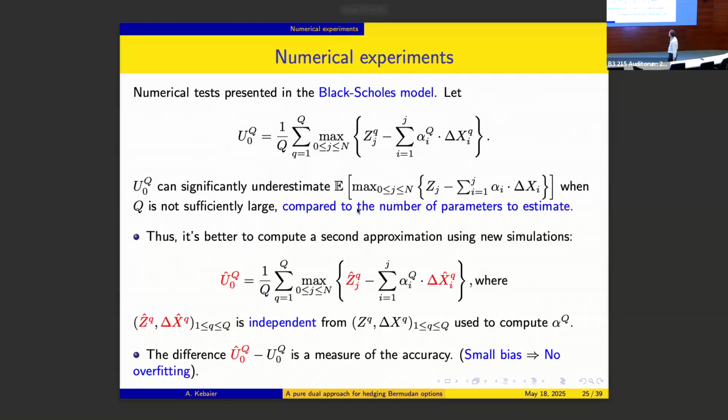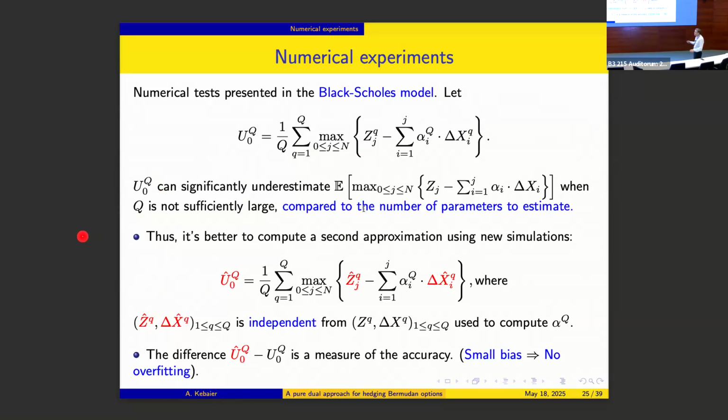So let me go to the numerical experiments. The usual setting, Black-Scholes model. Let's keep things at a basic level. Here I'm interested in computing this U0, which approximates this expectation when Q tends to infinity.